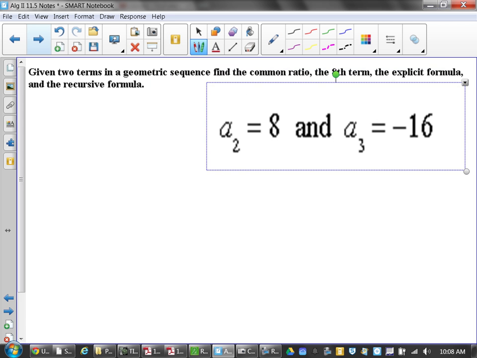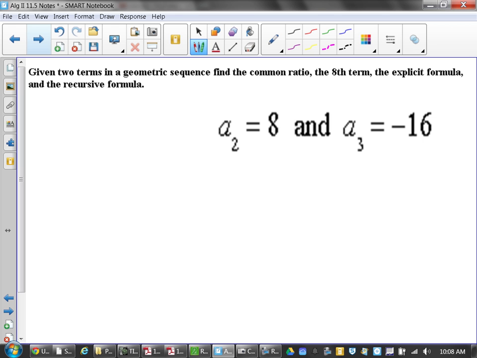So here we have the second term, and I have the third term. Now, we could go through the whole rigmarole of doing a system of equations by writing it out twice. But notice, we're going from the second to the third term. Did you figure out your rate? Your rate's -2, isn't it?